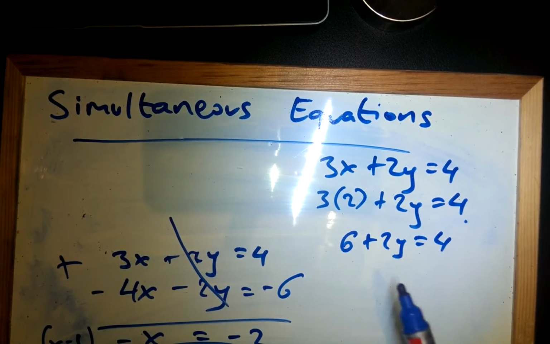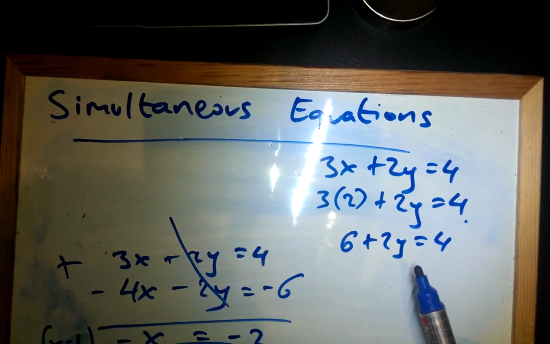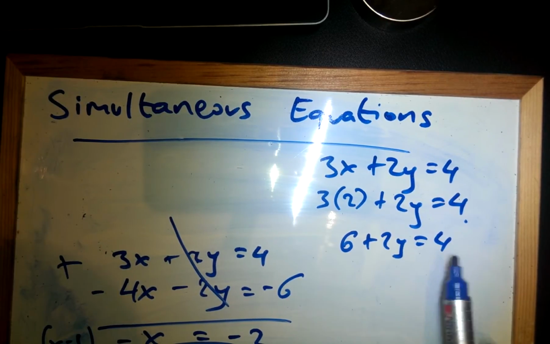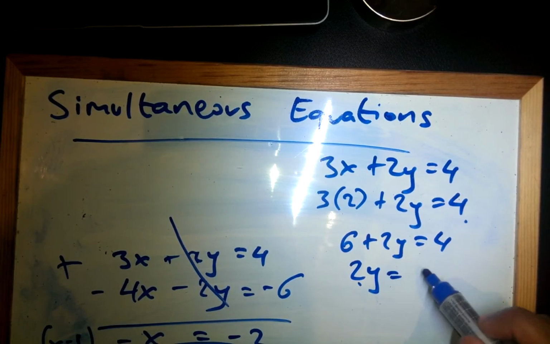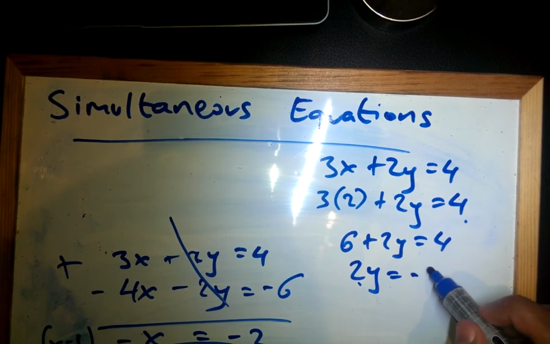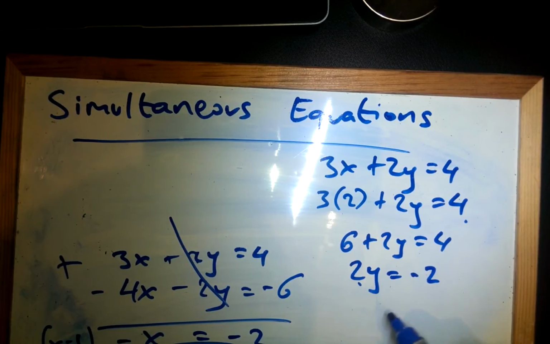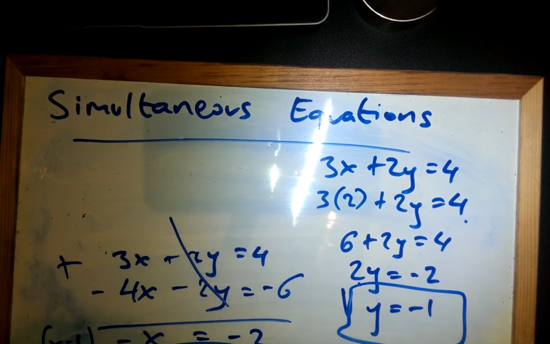Now I want to get the y's to one side, so minus 6 on both sides. 2y equals 4 minus 6, which is minus 2. Divide both sides by 2 and we get y equals minus 1.